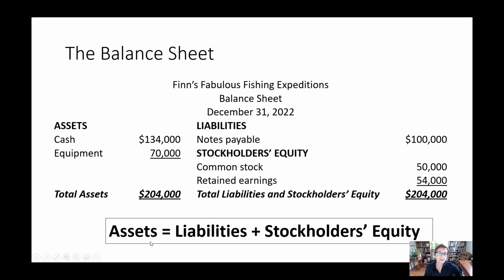So Finn's assets here are 204,000, and assets come from two places. Either you borrowed money, so you have a liability, and that's what this note payable is, or you got it from your owners, or it's the money that belongs to the owners. So the common stock, as we said, that's the money that was invested into the company by the owners.